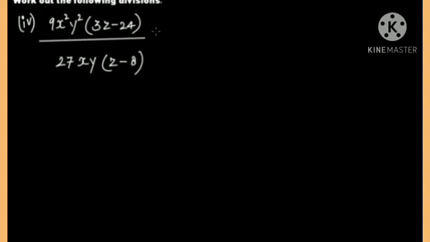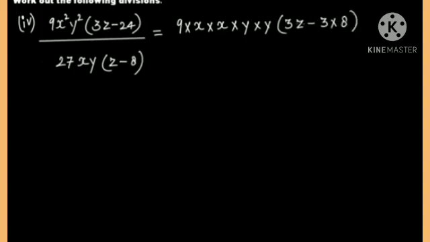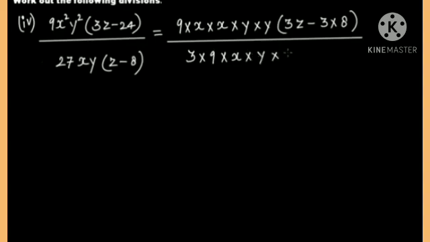Now this can be written as 9 multiplied by x squared, or we can write this as 9 multiplied by x multiplied by x multiplied by y multiplied by y, and here this can be written as 3z minus 3 multiplied by 8 divided by 27, which can be written as 3 multiplied by 9 multiplied by x multiplied by y multiplied by z minus 8.